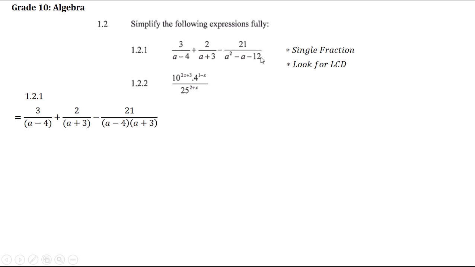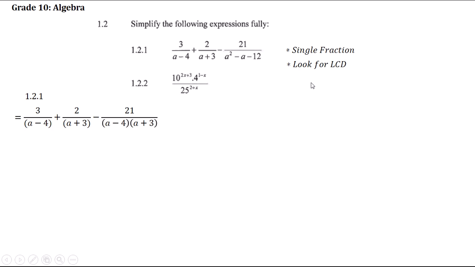The numbers that you can multiply together to give you 12 and subtract to give you 1. It is 4 and 3. 4 times 3 is 12. 4 minus 3 is 1. This is what we have after factorizing. This minus sign tells us that both brackets must have different signs, and the bigger number takes the sign of the middle term.